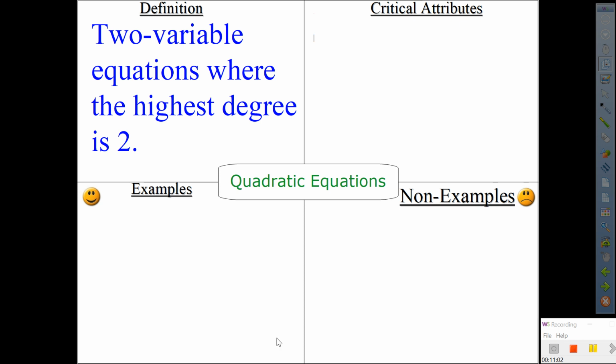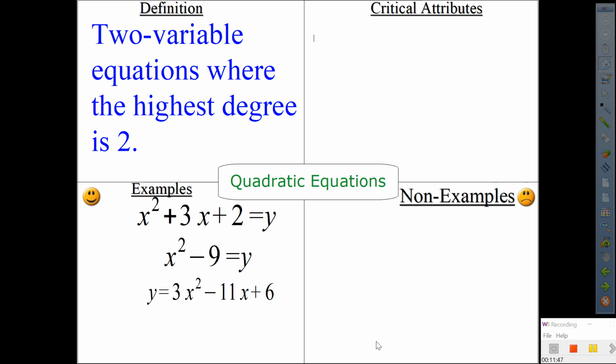So now that we know what they look like, let's look at the non-examples. What are not quadratic equations? Look at those before you copy. Tell your neighbor why those three are not quadratic equations.